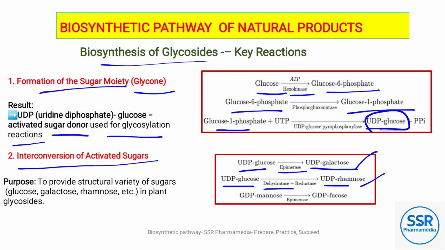Then GDP-mannose, in the presence of epimerase enzyme, is converted into guanosine diphosphate fucose.